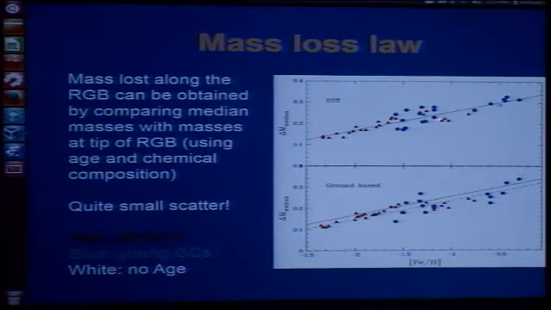So these strange features are artifacts of the relation between mass loss, age and metallicity, but they are relatively simple things at the base. A simple mass loss law can explain what you see for the median color of the horizontal branch.